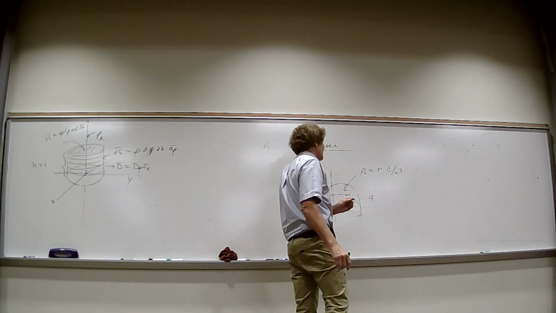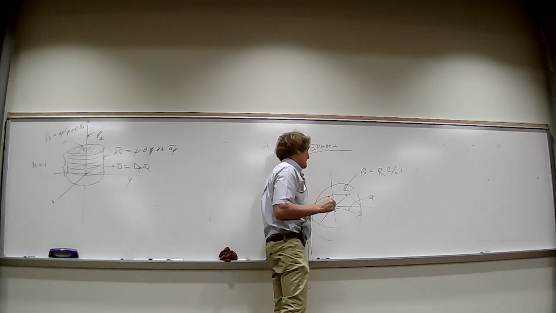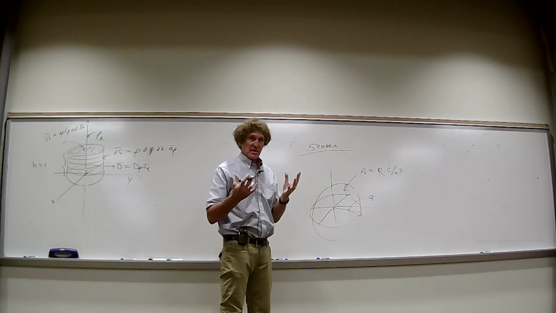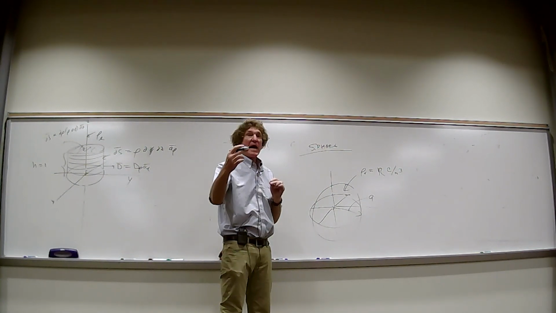So this is a real simple one. Then you can make a capital R if you like. So it's got a volume charge density that's constant in there. And I want to know what the D field is versus actual radial distance.